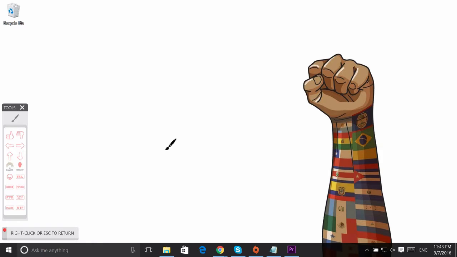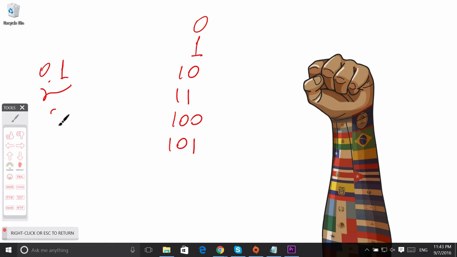Binary numbers are in base 2 numeral system. Here are some examples of binary numbers: 0, 1, 2, 3, 4, and 5. Note that in base 2 we can only use 0 and 1. A total of 2 numbers, hence the name binary.